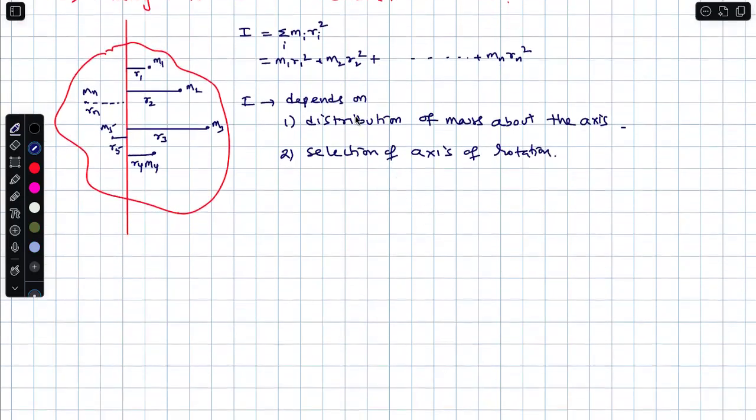Sometimes, just as we use the center of mass concept, we use a similar concept in this. Now, if the entire rigid body is replaced with one single point mass M, and this is the same axis, and this is some K.